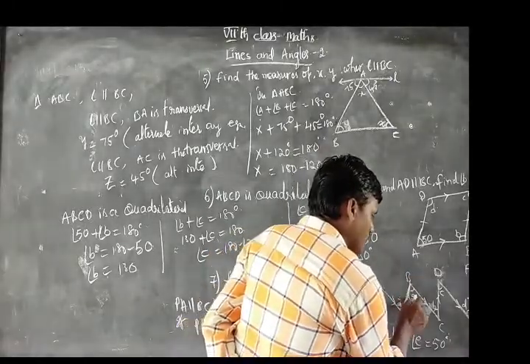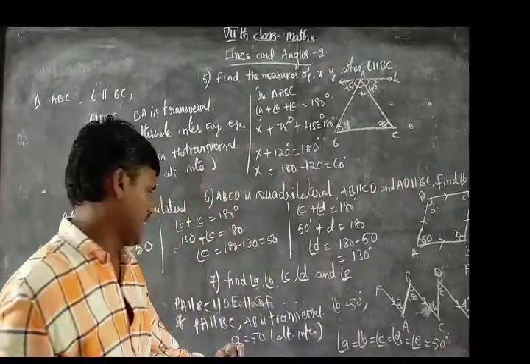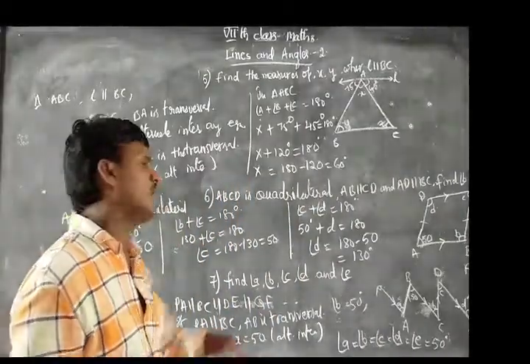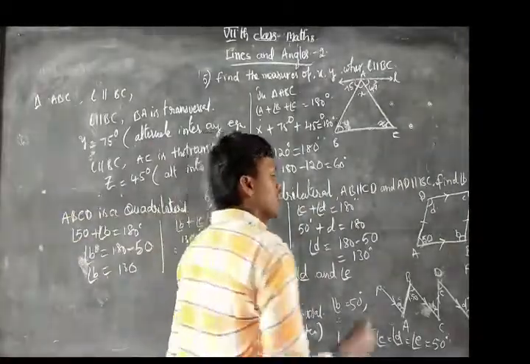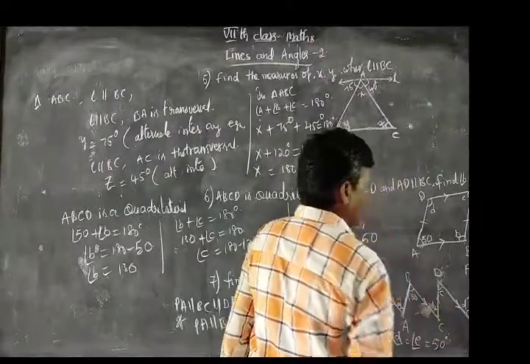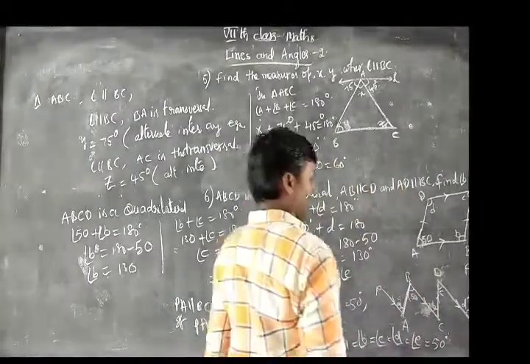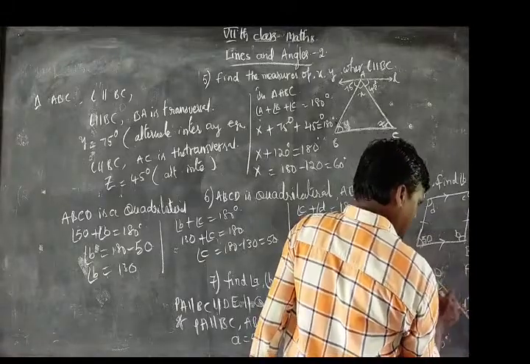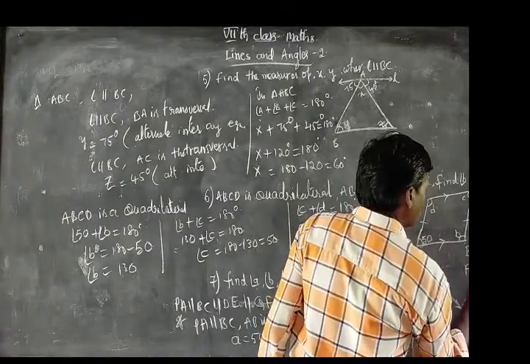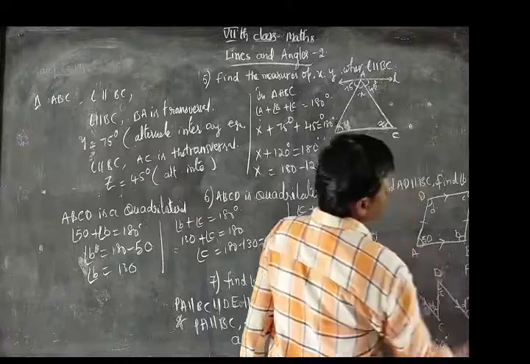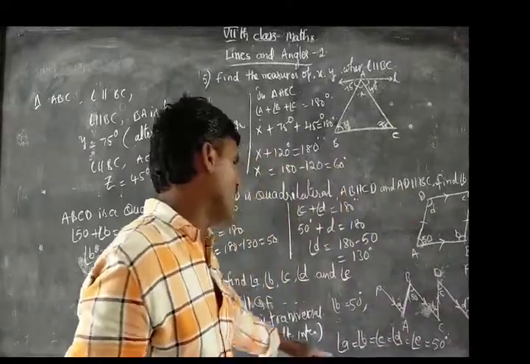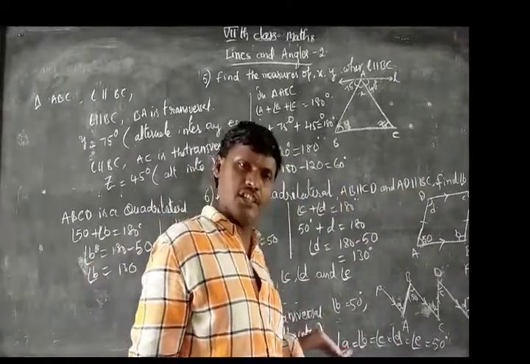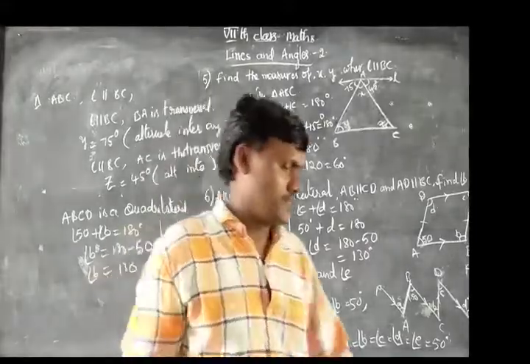Then angle A is equal to angle B. I wrote that angle A is equal to 50. Why? Because alternate interior angles. And angle 50 is equal to B. These are the alternate interior angles. Angle B is equal to C, angle C equal to D, angle D equal to E, and angle E is equal to 50. So all the angles are equal, alternate interior angles. That's enough.